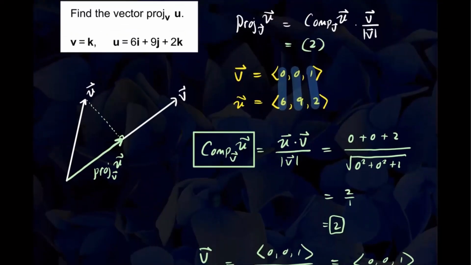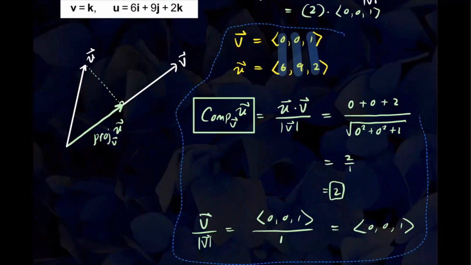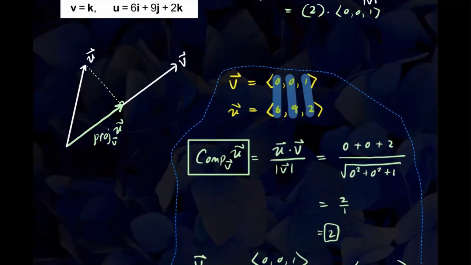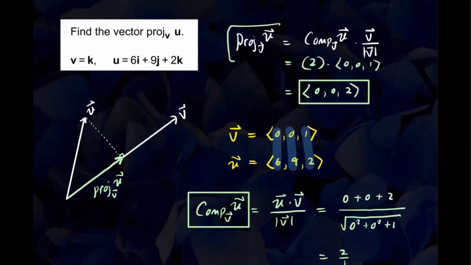So now we plug this in here. We have 0, 0, 1. And then if you simply multiply the scalar 2 with it, you'll have your vector projection. So this will simply be the vector 0, 0, 2. So that's our vector projection of u onto v.